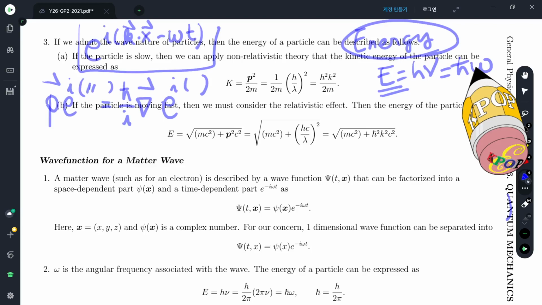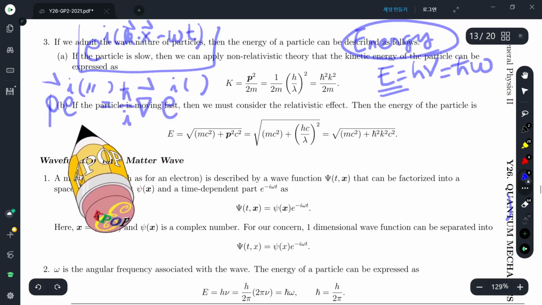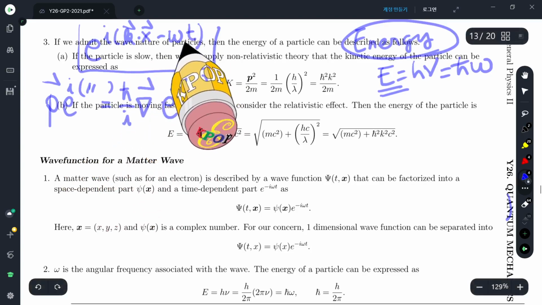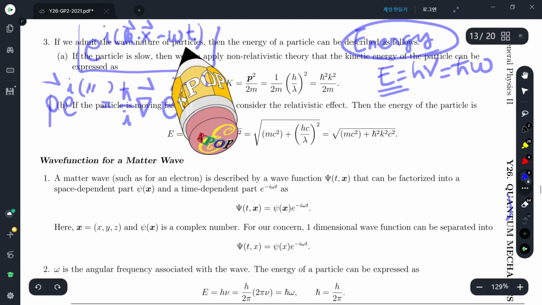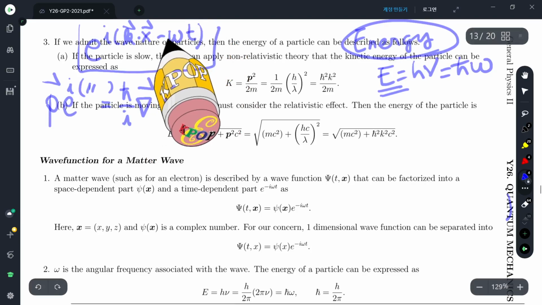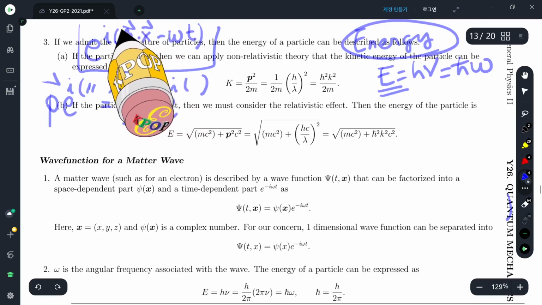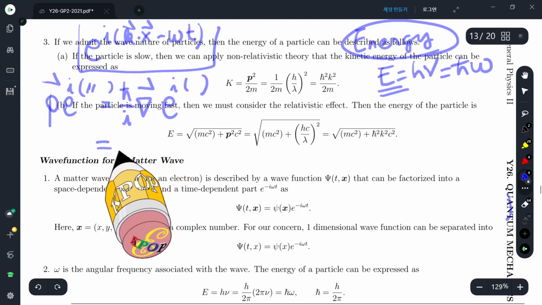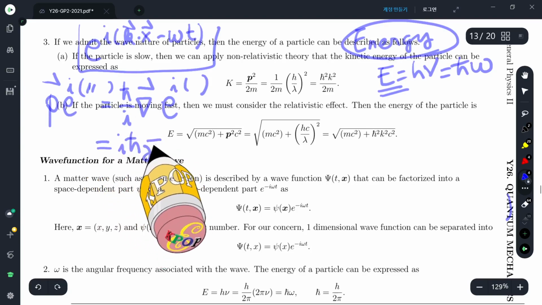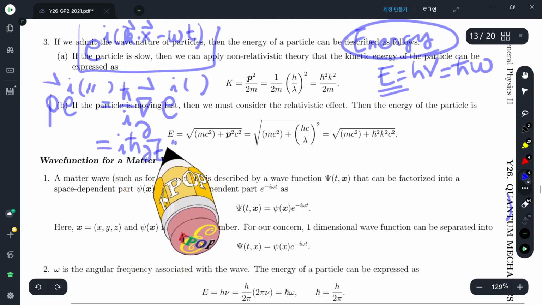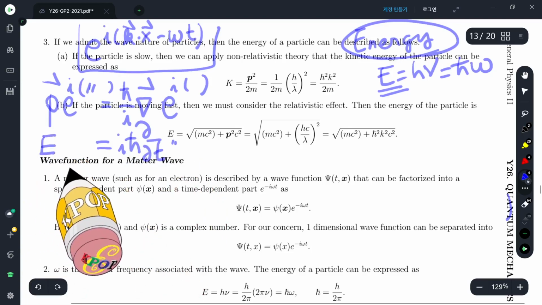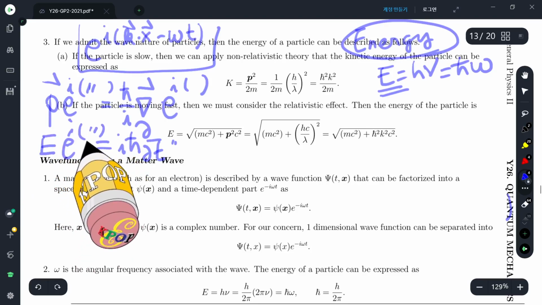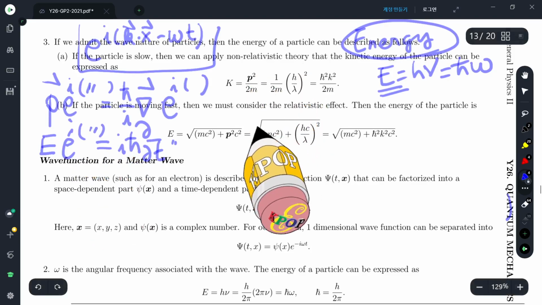Then what I need to do is, instead of taking the derivative with respect to spatial coordinate, take the derivative with respect to time. And there's a negative sign in comparison with the spatial part. What I get is, I put the i in the numerator and take the time derivative of the same function. Then I obtain energy.